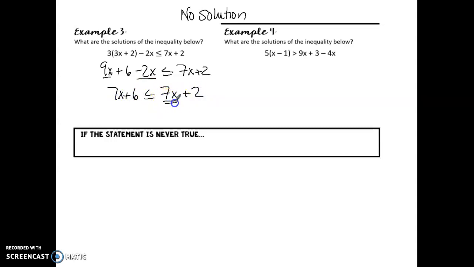Then you move the terms with the variables to the left-hand side. Now when I subtract 7x from both sides, I get 6 is less than or equal to 2. That's never true. If you get a statement that is never true, there is no solution.